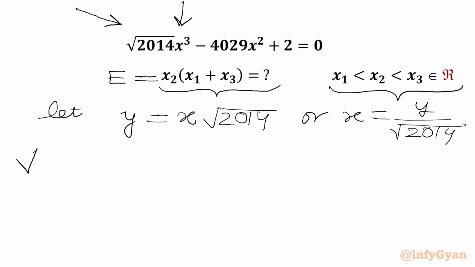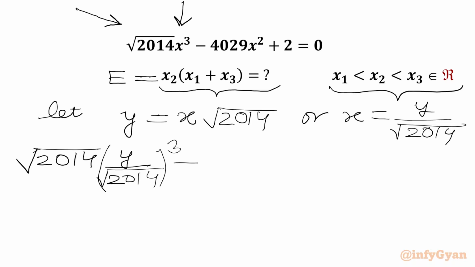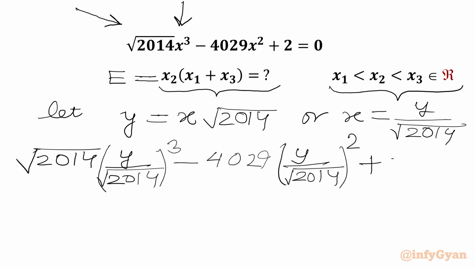We will get square root 2014 times x cube, so I can write y over square root 2014 whole cube, minus 4029. In place of x square, we are going to write y over square root 2014 whole square. Then we have plus 2 equal to 0.